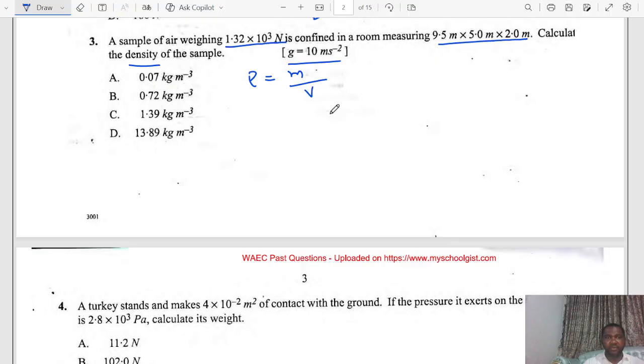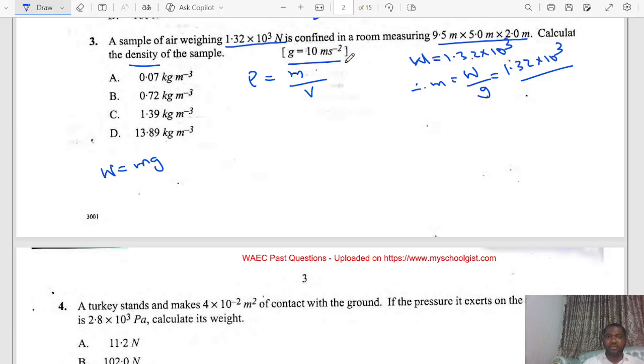Since the weight is 1.32 times 10 raised to the power 3, it means that the mass is going to be the weight divided by acceleration due to gravity, since we know that weight is mg, mass times acceleration due to gravity. So the weight is 1.32 times 10 raised to the power 3 divided by acceleration due to gravity, which is 10. So this would be 1.32 times 10 raised to the power 2 kilograms.